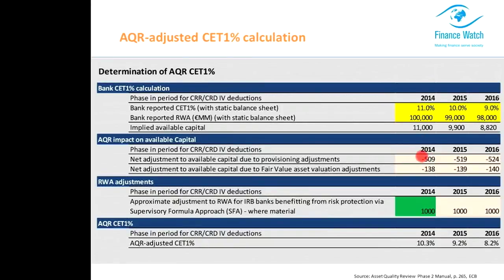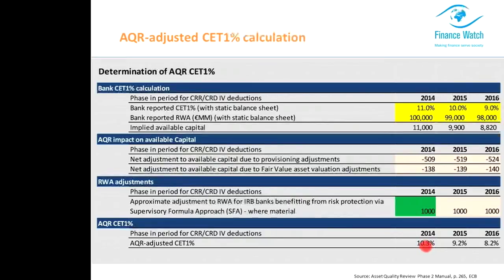Then, as I said, we have the adjustments, absolute values of adjustments here to the loans and here to the available capital because of the fair value adjustments. And they are also phased in because the provisions have impact on deferred tax assets, have impact on own funds, there is offsetting tax impact, so they also have to be presented in those 3 years.